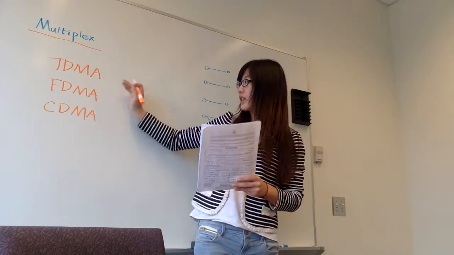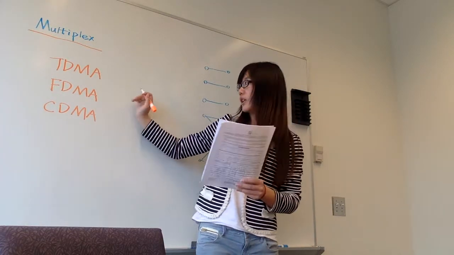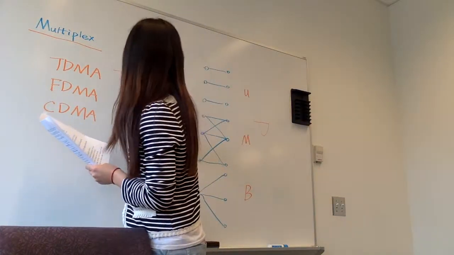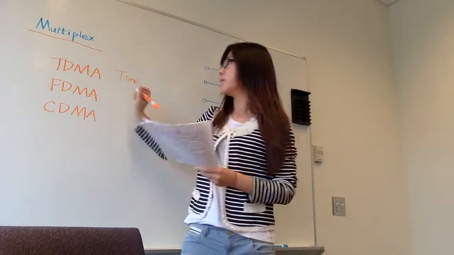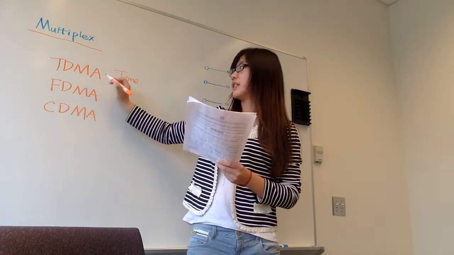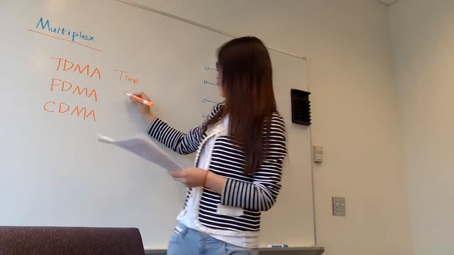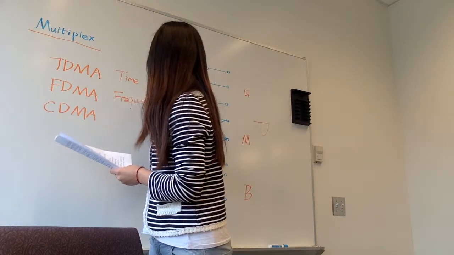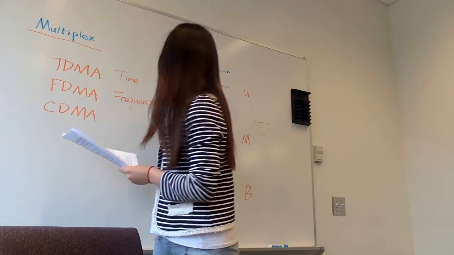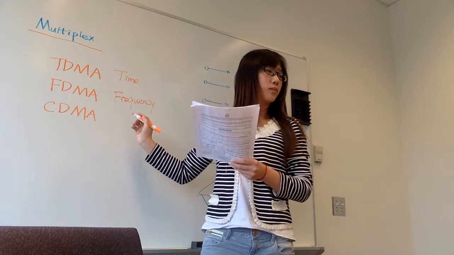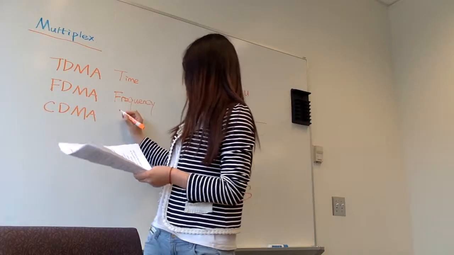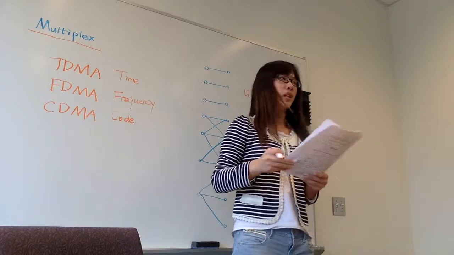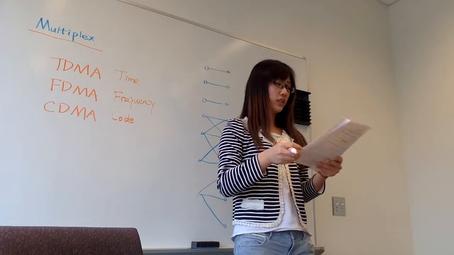First, these are the abbreviations, and I will give the full names. This is called time division multiplex access, this one is called frequency division multiplex access, and the last one is called code division multiplex access.